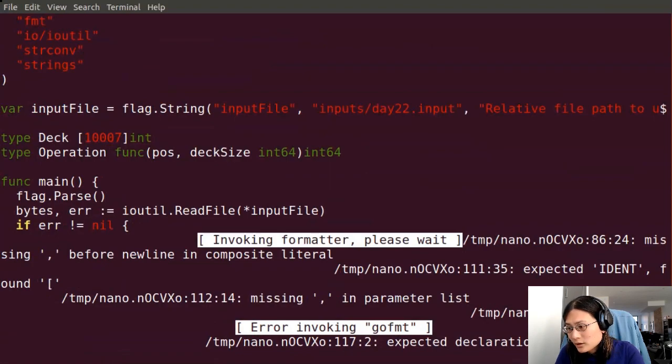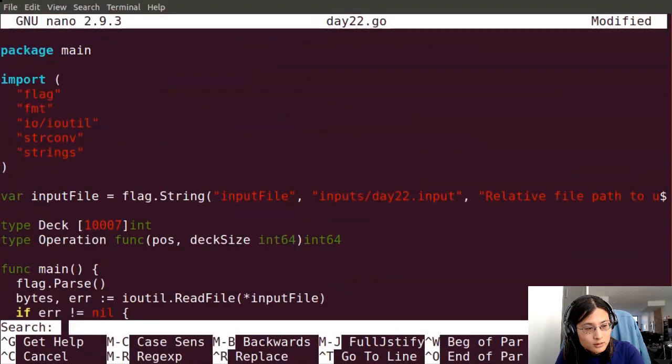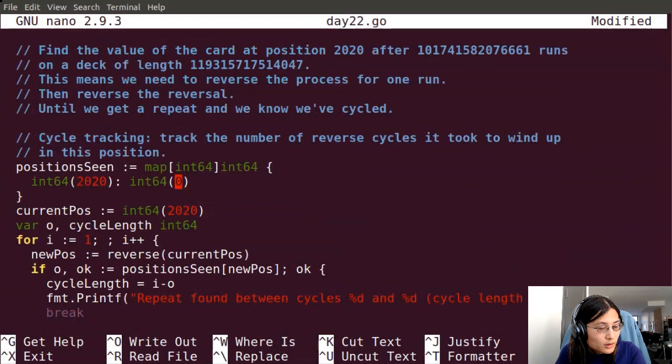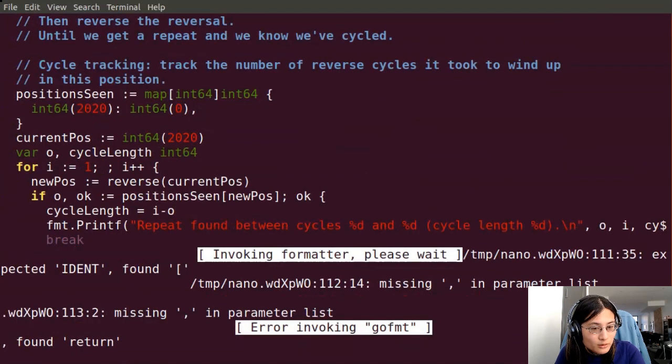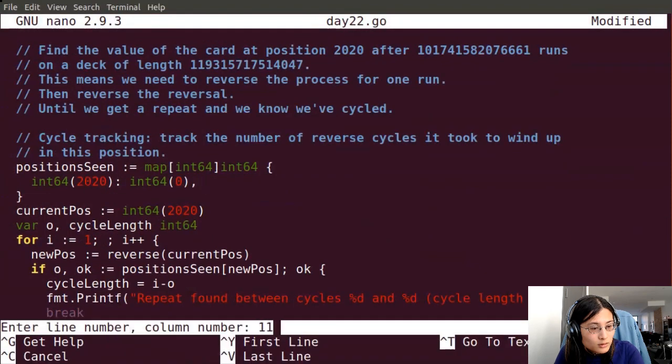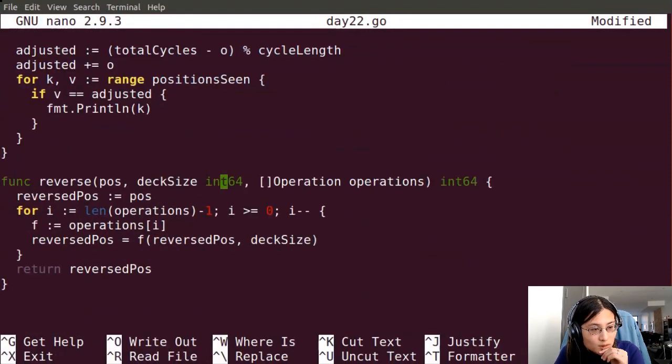What did I do wrong here? Line 86. Oh, that needs a comma. Line 111. Oh, whoops.